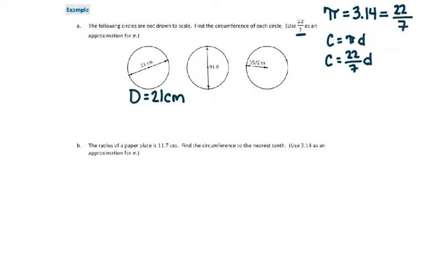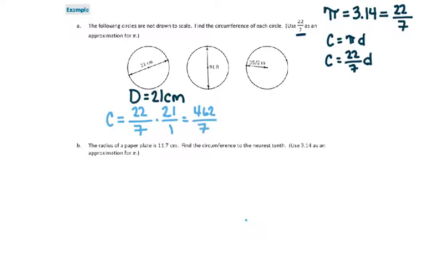So we're going to find that by saying the circumference is equal to 22/7. We're using that fraction in this problem. And we're going to multiply it by the diameter. And they told us that the diameter is 21. So we're going to multiply straight across to get our answer. So when I multiply 22 by 21, because we're multiplying straight across, I get 462/7.